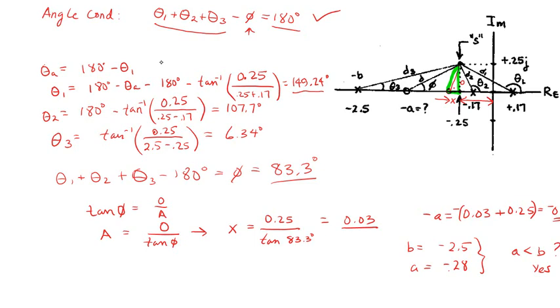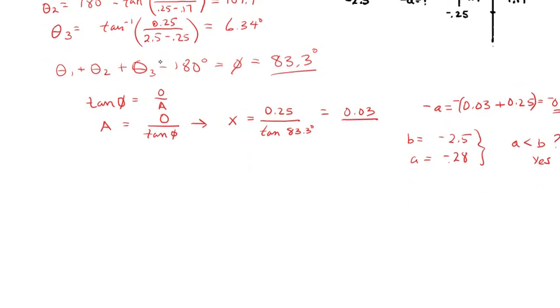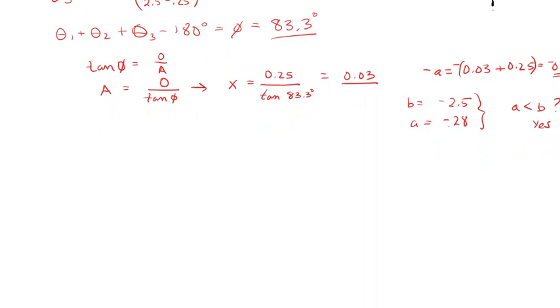And then the next step is to find our value of K. Okay, for K, and I'm going to just change colors, so find K. And I'm going to put find K sub C. So in order to do that, you have to find the root locus gain.